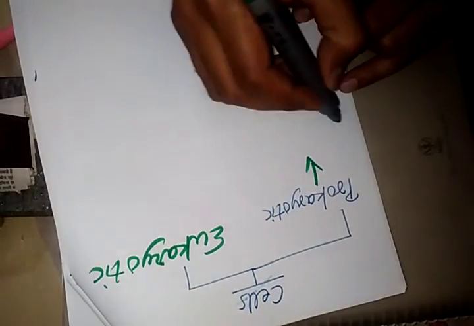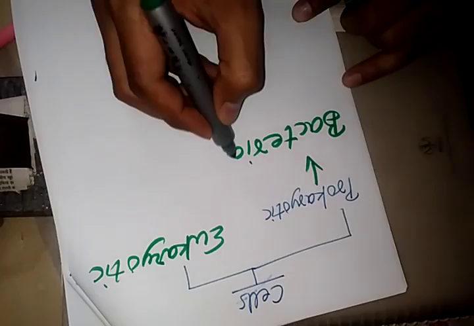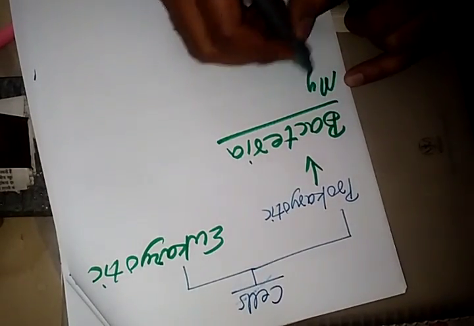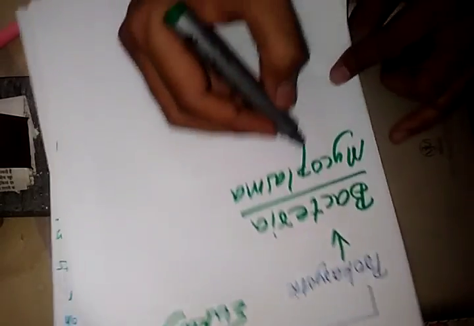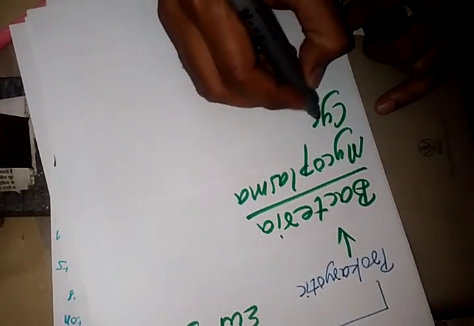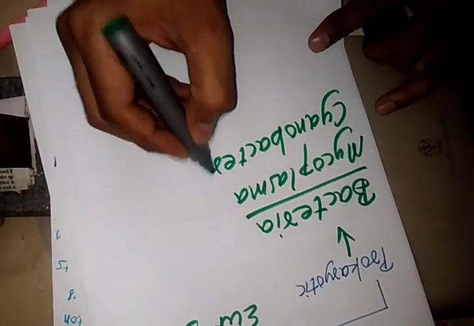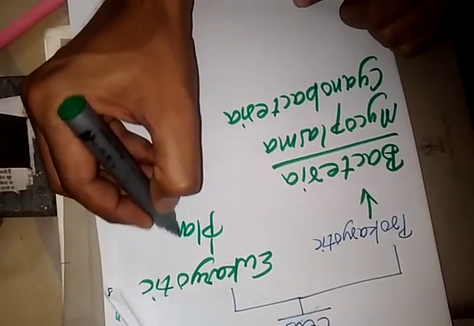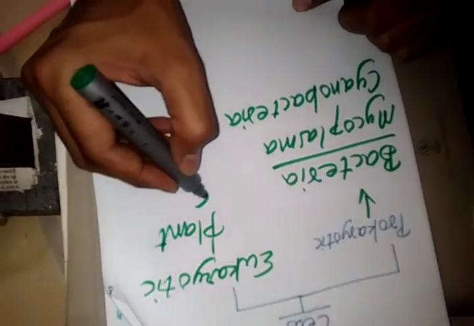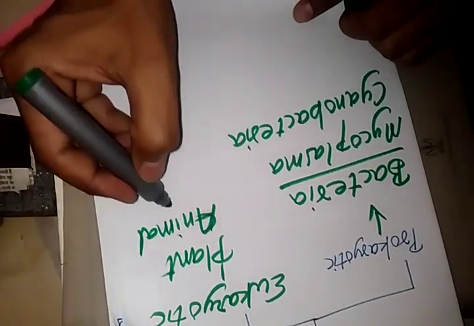Prokaryotic means primitive nucleus, and it includes bacteria, mycoplasma, cyanobacteria, while eukaryotic cells are plant cells and animal cells.